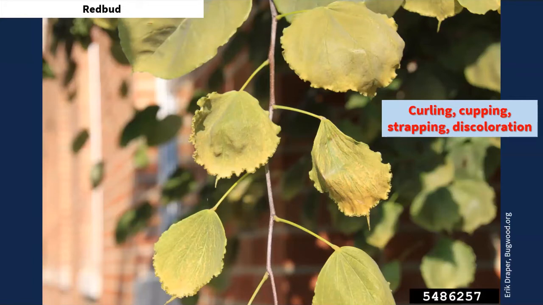You can see these are, especially the edges are starting to do that for this redbud. Of course, redbuds, if you know the healthy leaves of redbuds, they should be entire along the edge, no serrations, no waves or anything. So if you start to see that puckering or strapping along the edge, the discoloration, good signs, good indications that something's wrong with that tree for sure.